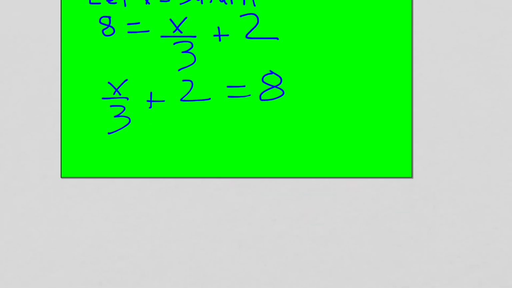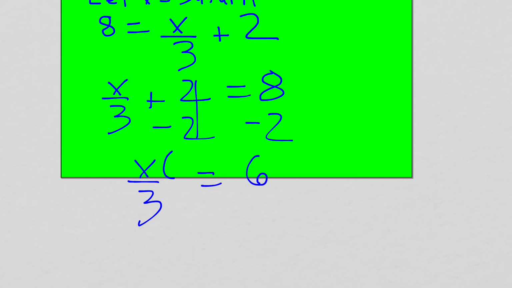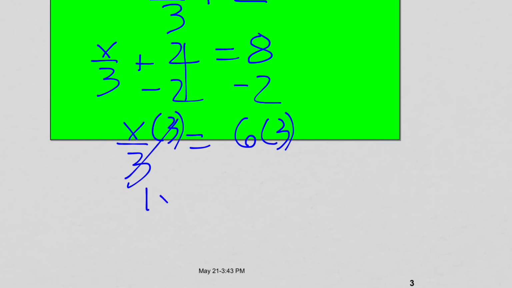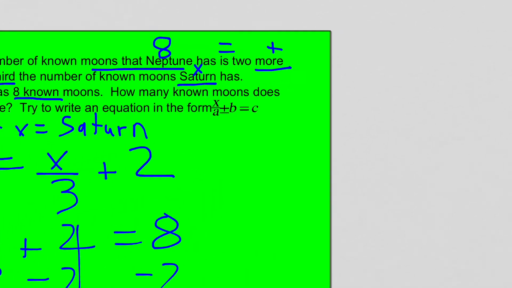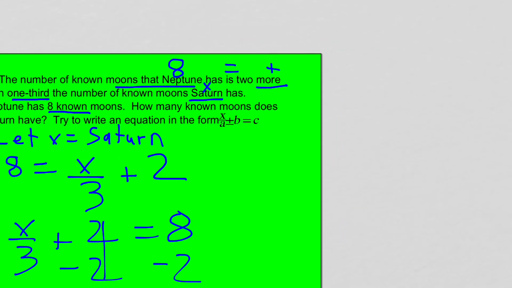And now to solve it, you do the reverse of BEDMAS: minus 2, minus 2. You get x divided by 3 equals 6. Times 3, times 3. This divides to 1x, and 6 times 3 is 18, or x is equal to 18. How many known moons does Saturn have?